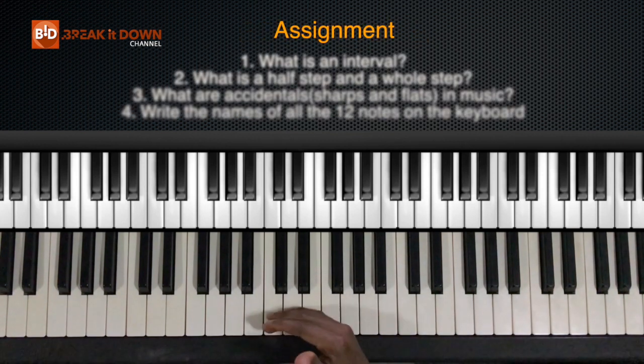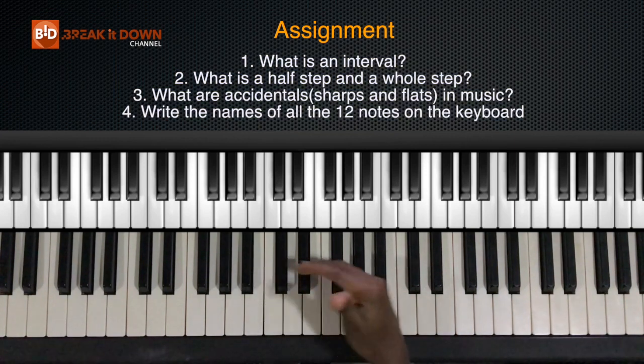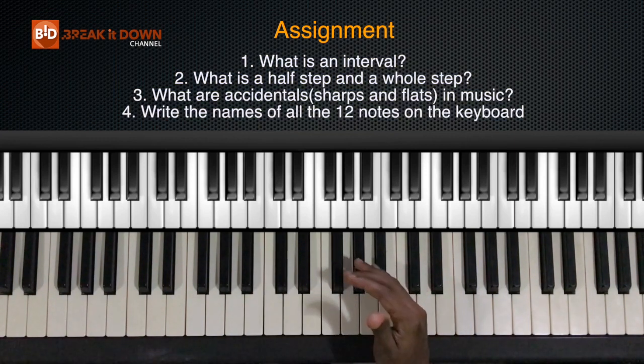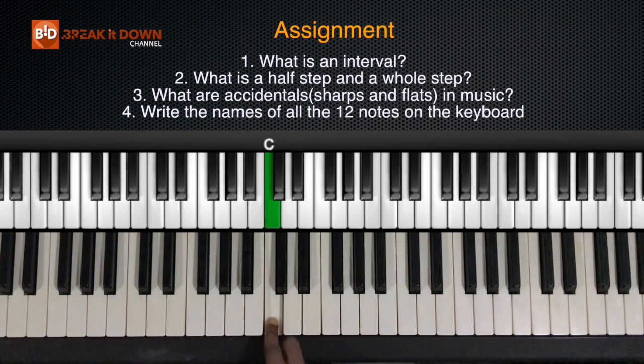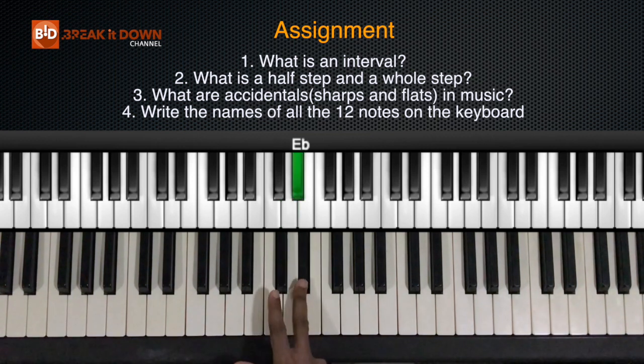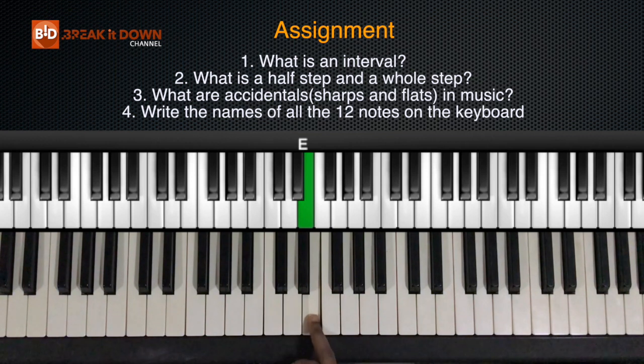So now we know the names of the white notes and the black notes. We have a C sharp or a D flat, a D sharp or an E flat, an E, F. What would this be?